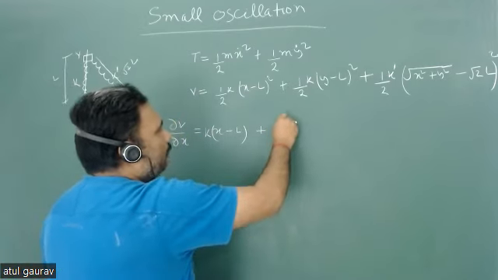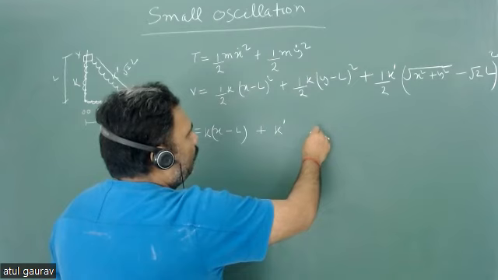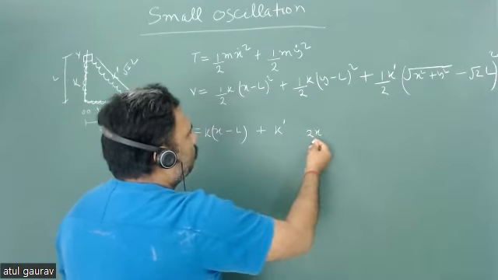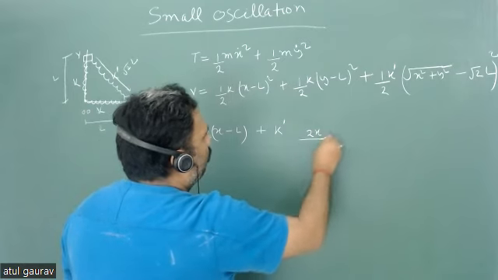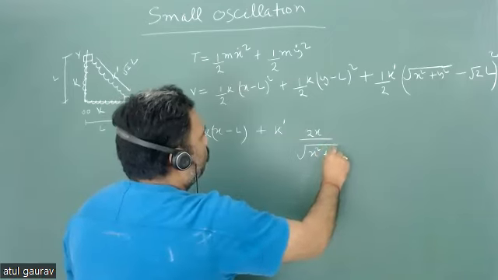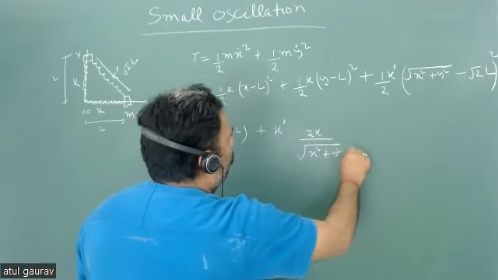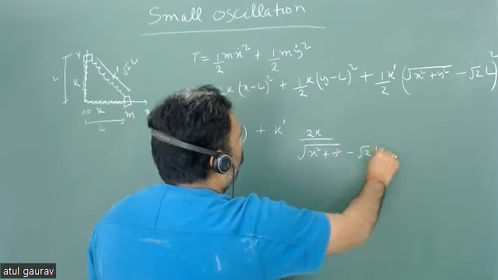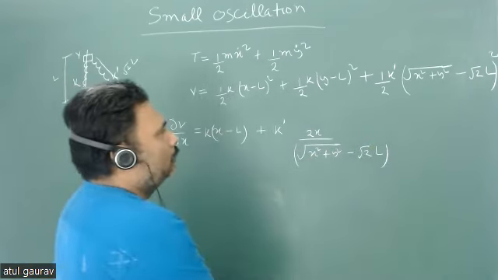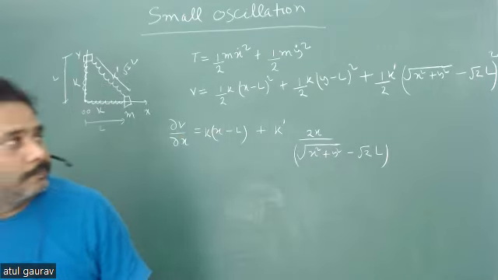So this value is K dash, and we have 2x upon root under x square plus y square minus root 2 L. Sorry, I made a mistake.